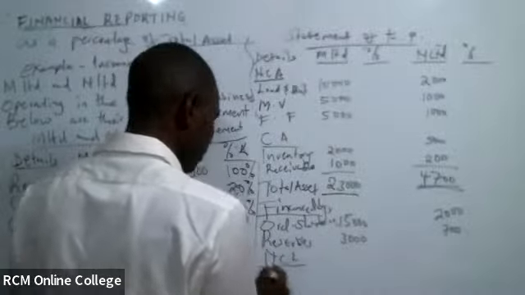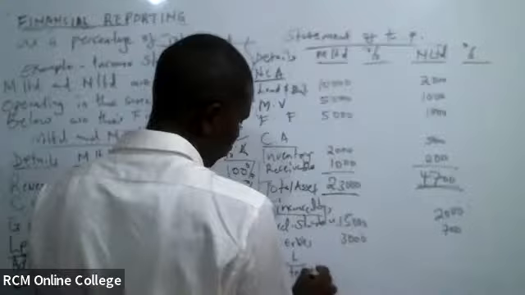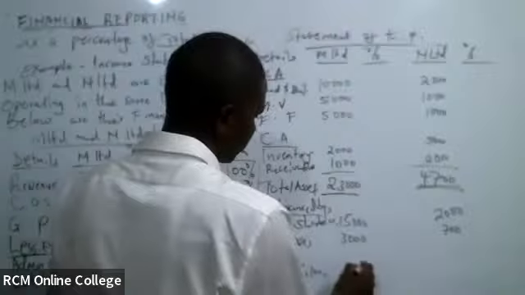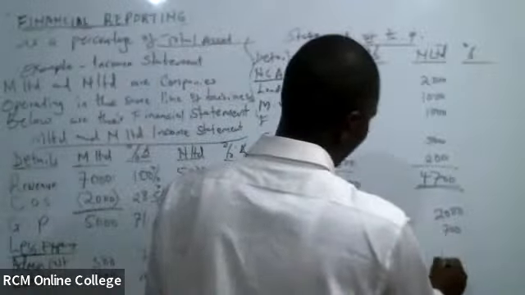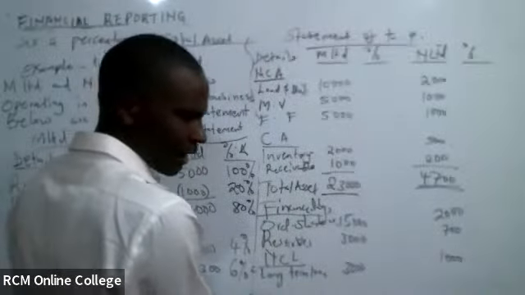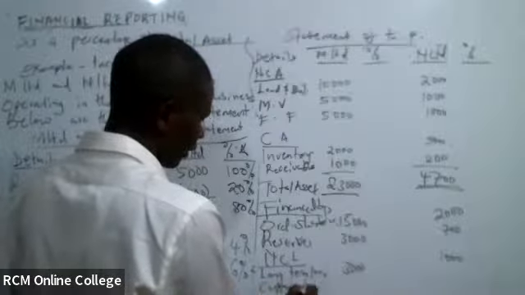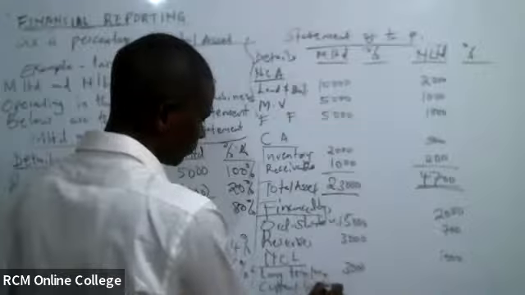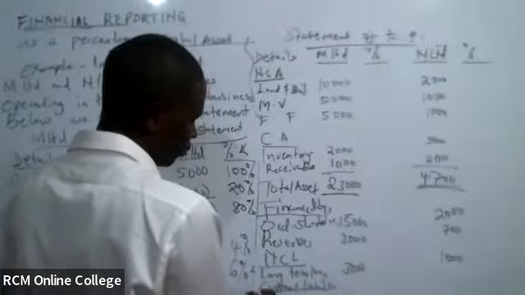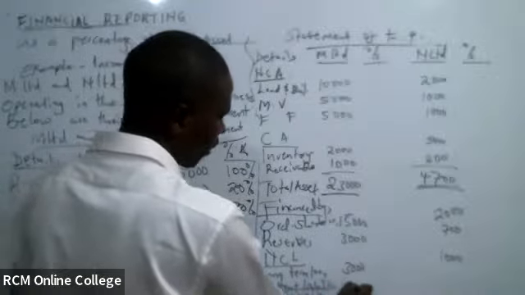Non-current liability, so long-term loan. I have 3,000. Long-term loan here I have 1,000. And then I have current liability as the last item here, trade payable of 2,000.